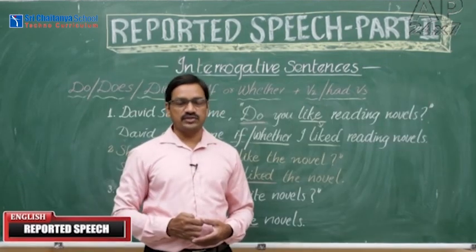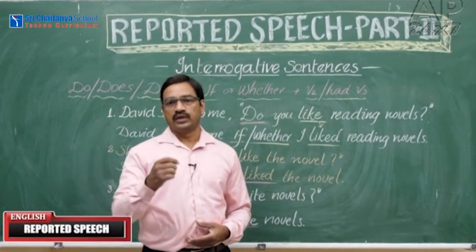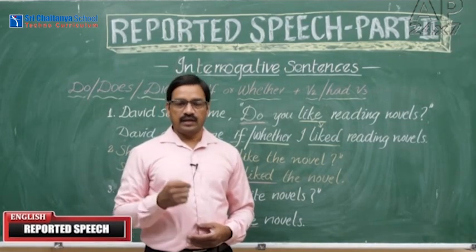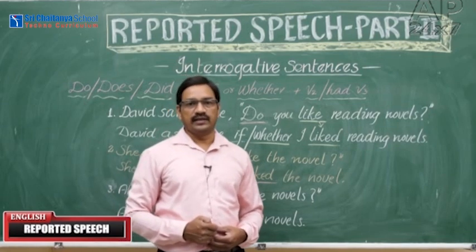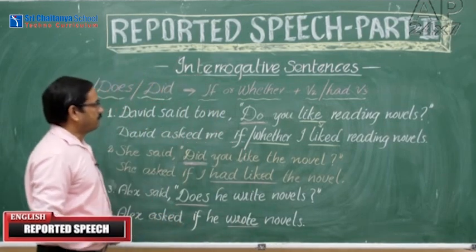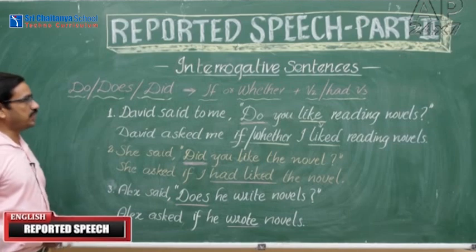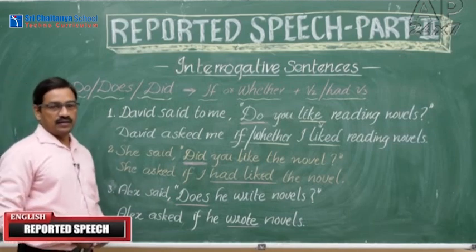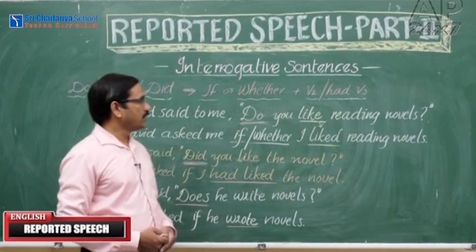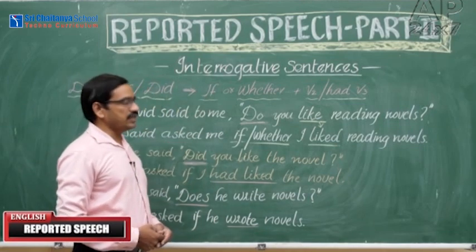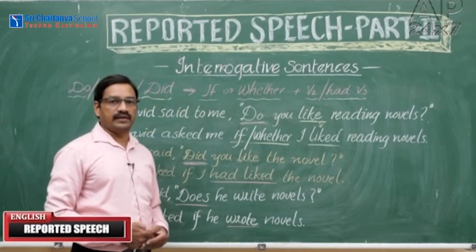We have been discussing changing WH questions into indirect speech. Now let us see how do we change the yes or no questions into indirect speech form. In the first category, let's start with do, does, did questions. So the yes or no questions, when we change into indirect speech, we have to introduce if or whether in the indirect speech.